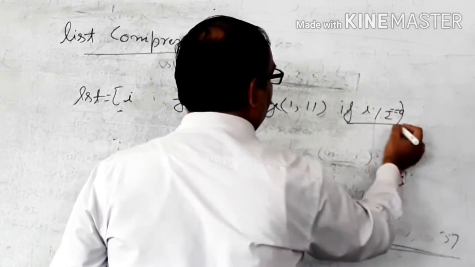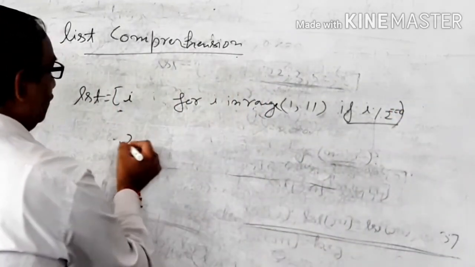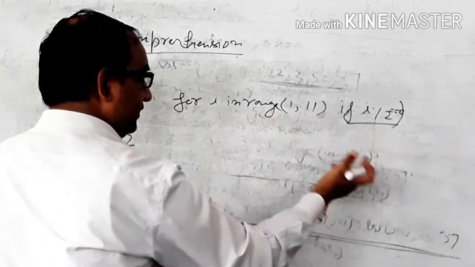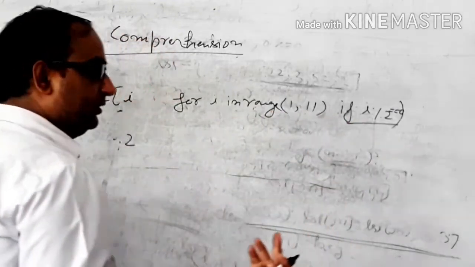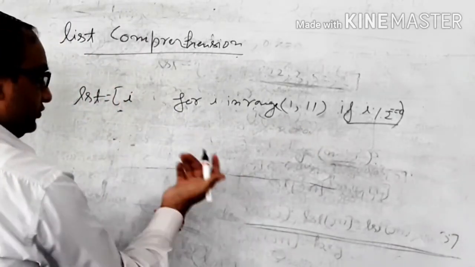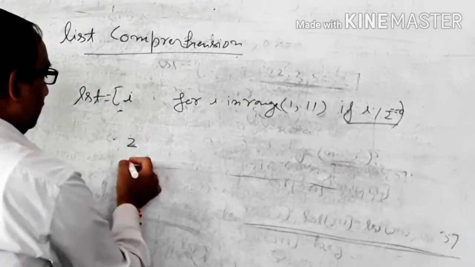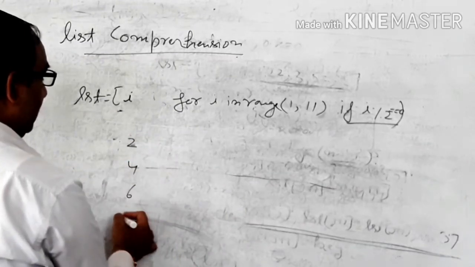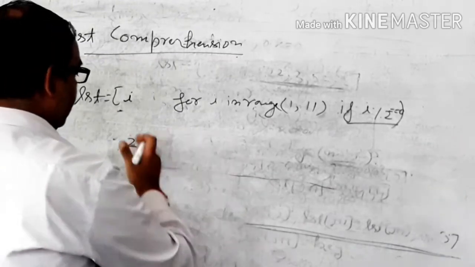If this result is true, then it prints. I contains 1, so 1 modulus 2 is false, so it can't print. Again 2, so that is 2, 4, 6, 8. So it can print the even numbers.